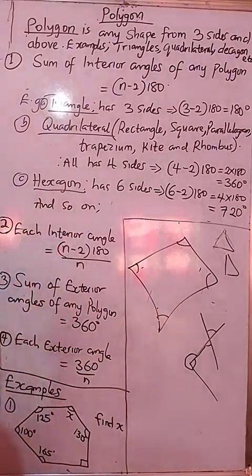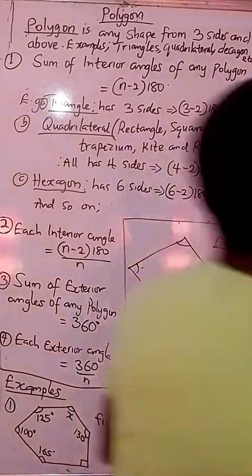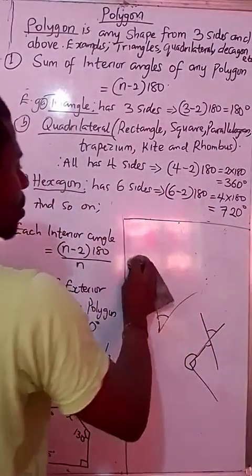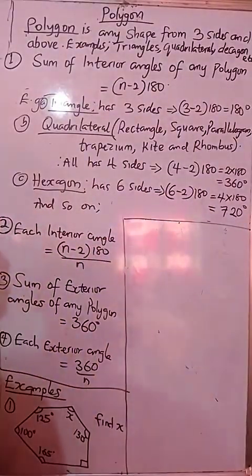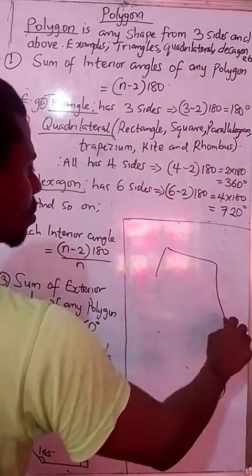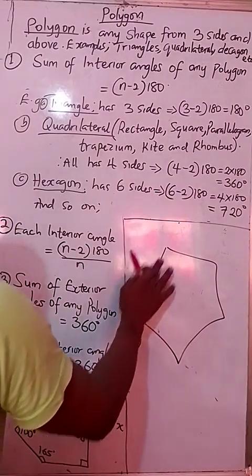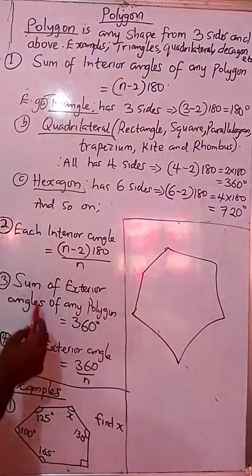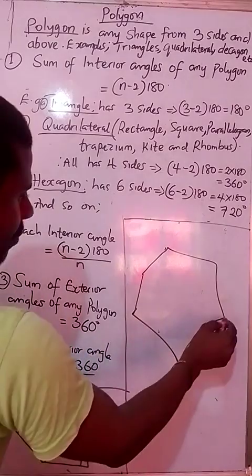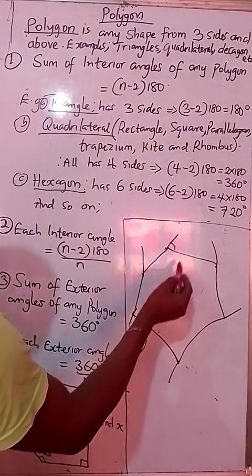Also there is a formula for the sum of exterior angles of any polygon. Any polygon means icosagon, which is 20-sided, or decagon, or nonagon, any-sided polygon whatsoever. The sum of exterior angles, meaning if you have this, you have an exterior angle, this is exterior.